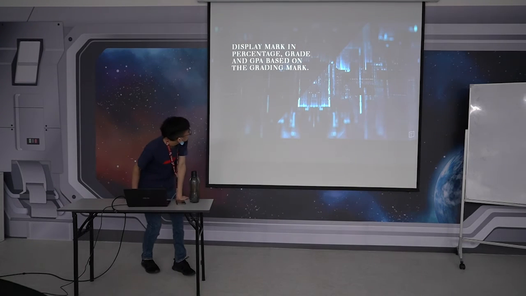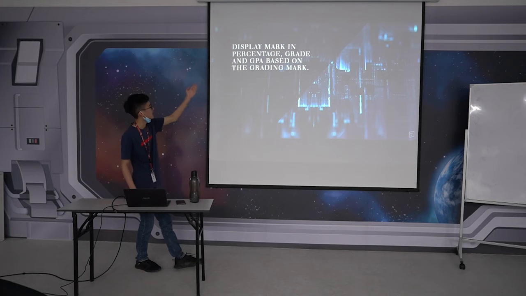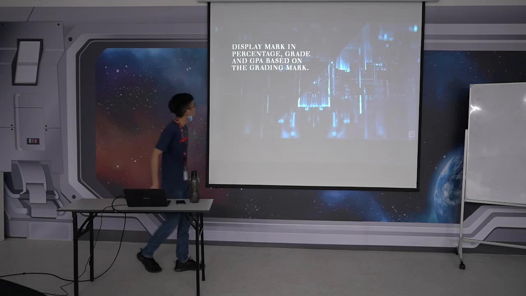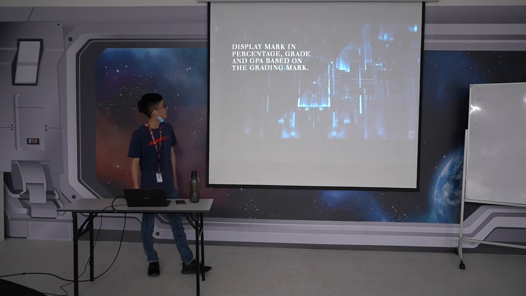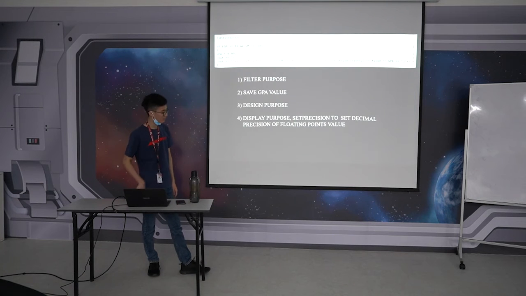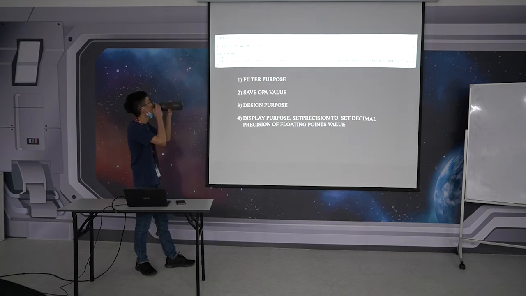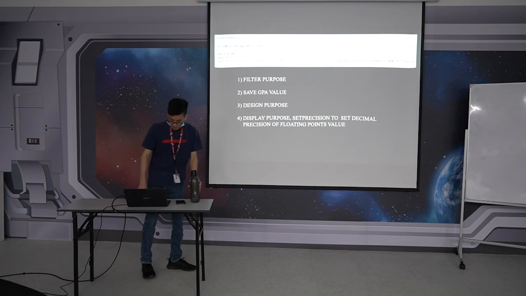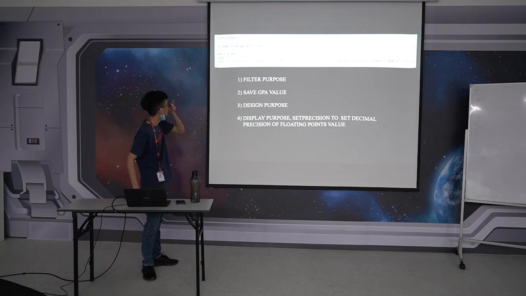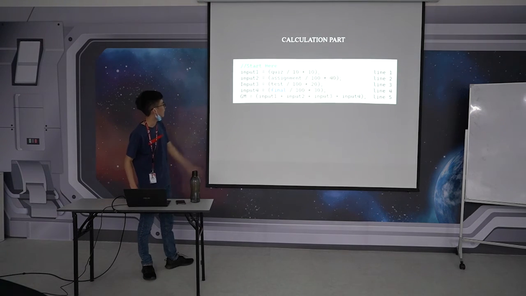Now this is the next stage, for displaying the mark in percentage, the grade, and also the GPA based on the grading mark to the user. So just now we got the grading mark from here.